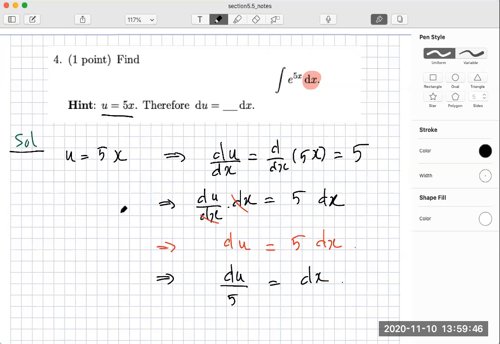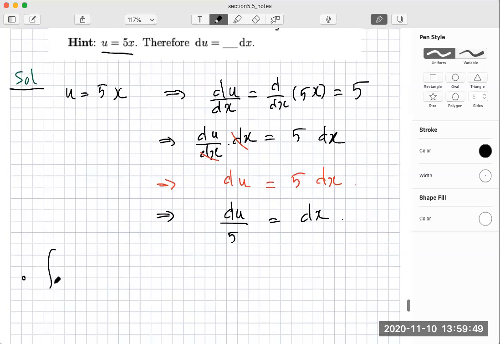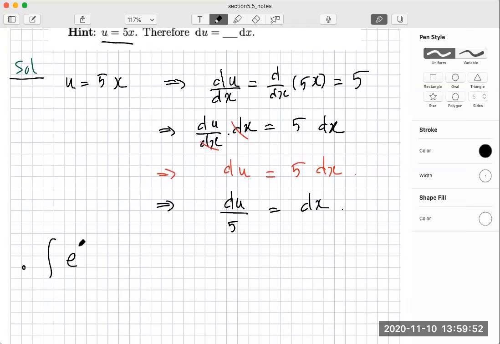Very good. So let us write everything in terms of u. We know that 5x is u, so it becomes e to the u, multiplied by what here? Yes, du over 5. Very good. Thank you, Michael. And in the integral, if you see constants and numbers, get rid of them by taking them out of the integral first.